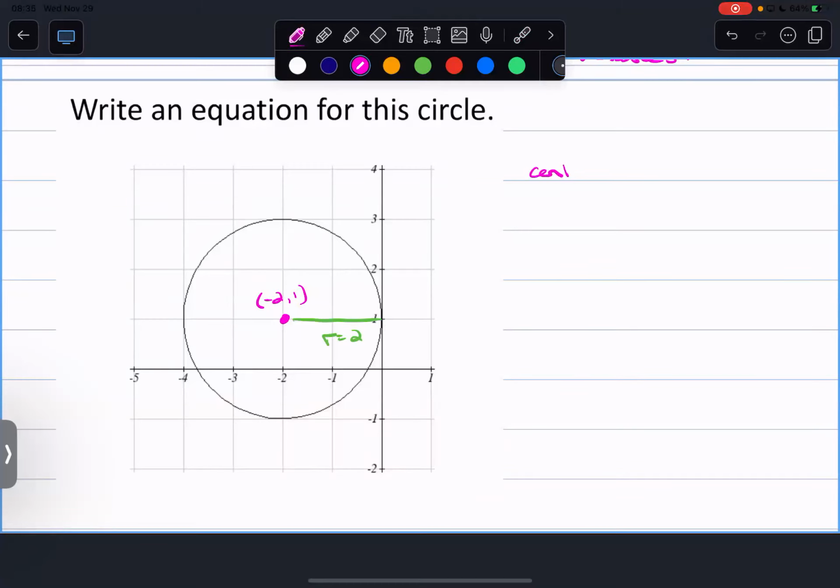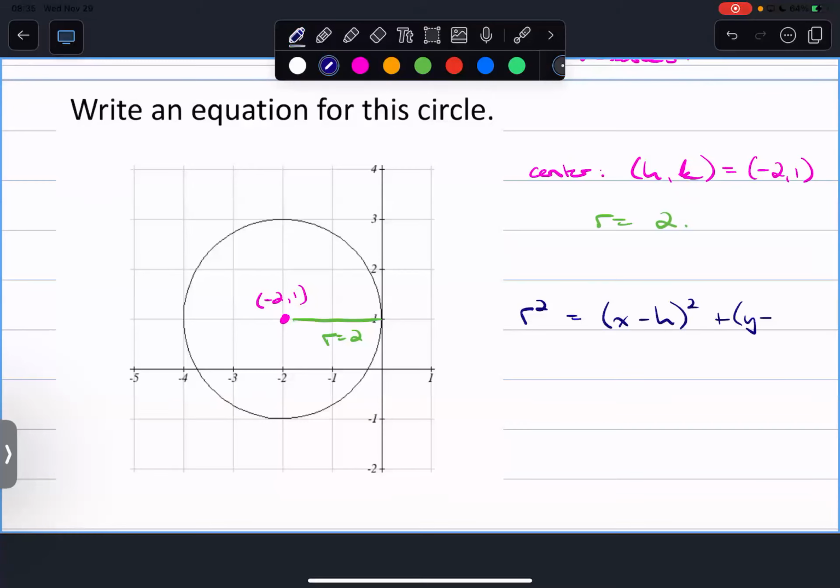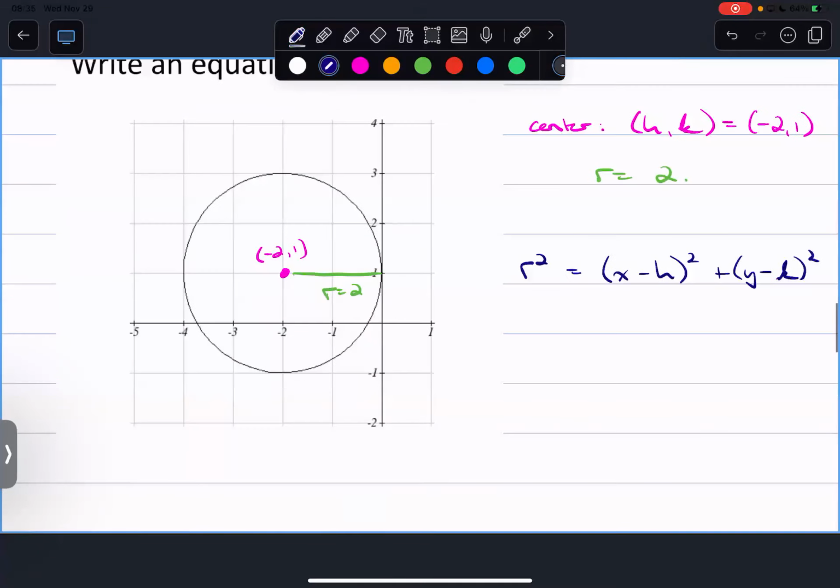So then the center, (h, k), is at -2, 1. And the radius is 2. So now we can build our equation of a circle. We said r squared is x minus h squared plus y minus k squared. Plugging in my values, 2 squared is equal to x.